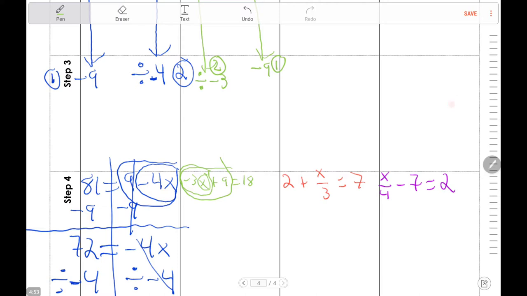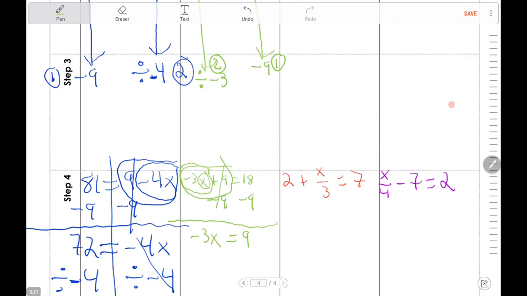Okay, so first step, what are we going to do? Our first step, we're going to subtract 9. Minus 9, minus 9. 18 minus 9 is 9 equals negative 3x plus 9 minus 9. Remember, they cancel, so we have negative 3x.